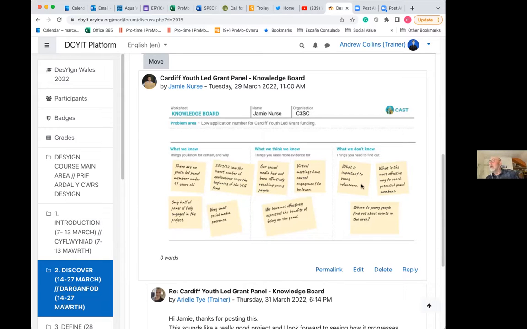So he's put, it is a he, I think, yeah, what we don't know is what is important to young volunteers. What is the most effective way to do it? Where do young people find out about events in the area? That's what they don't know. So you can see the process. There's a set of resources to lead you through the whole process. So at the end, you can do that.